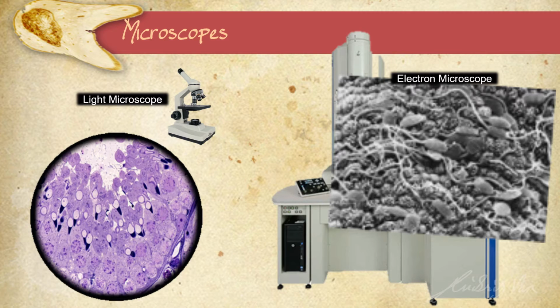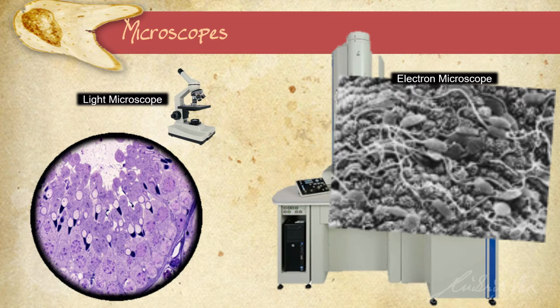So for the electron microscope, all the time, the specimen is dead. Because if they are not dead, we cannot cast or stick them onto an electron microscope. For the light microscope, the specimen can be live. So that's the difference between a light microscope and an electron microscope.